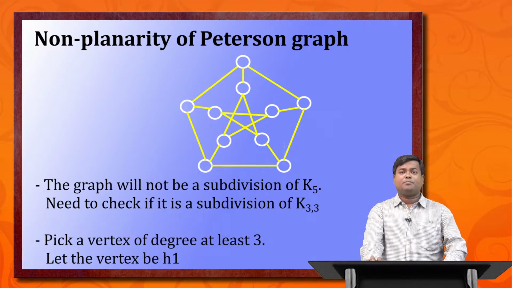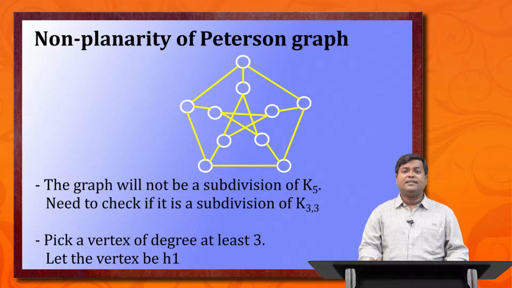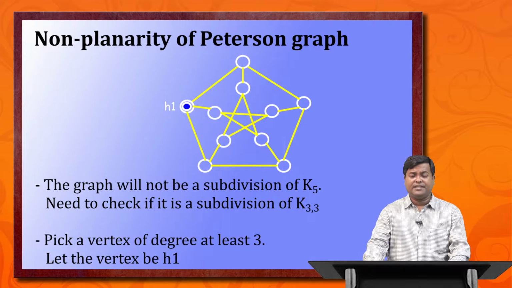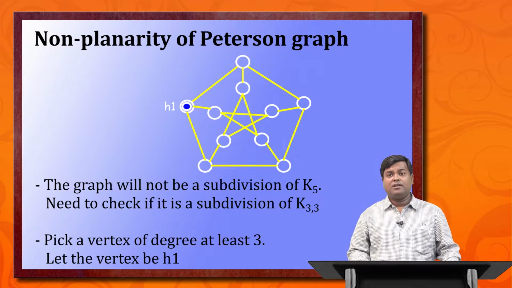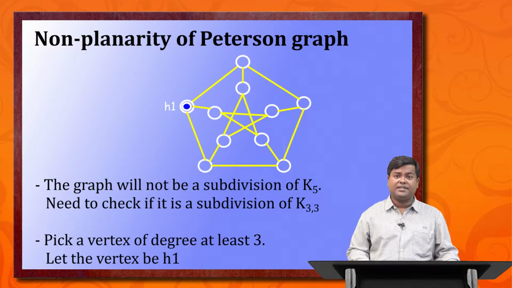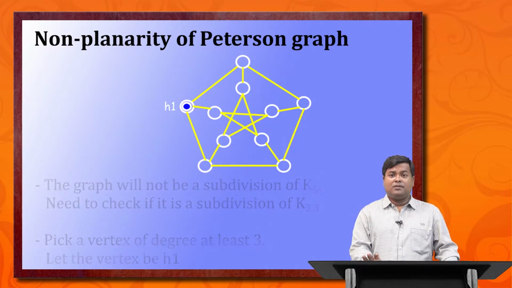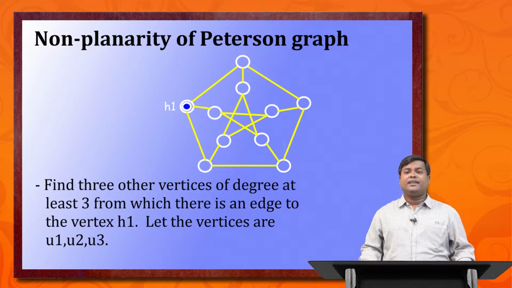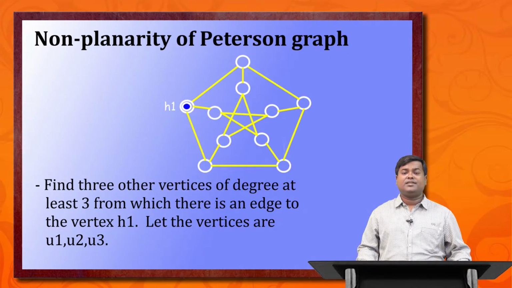So first, let's pick a vertex of degree at least 3. Let the vertex be H1. We have marked that particular vertex H1 and it has degree 3, since K33 has degree 3 for each and every vertex. Now find the 3 other vertices of degree at least 3 from which there is an edge to the vertex H1.